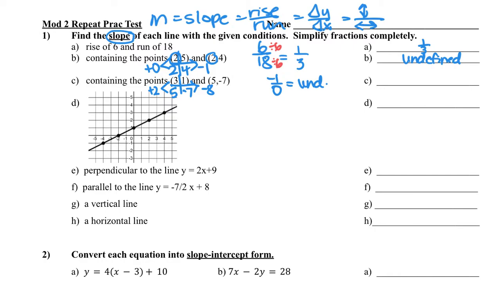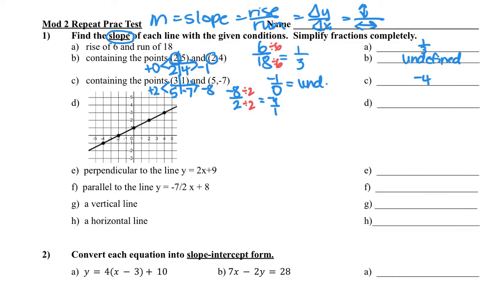And so again, this ratio is going to be able to be reduced. So it's the y's, so -8 over the x's, 2, and I'm able to divide the top and bottom by 2, and this simplifies to -4 over 1, or you could just write that as -4. Either -4 over 1 or -4 is perfectly correct.